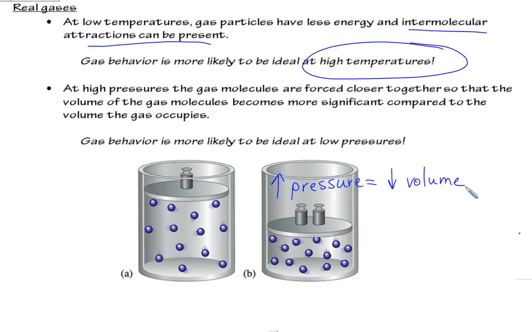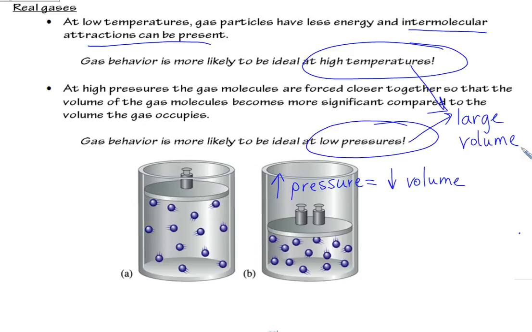So we're going to try to keep the pressure low. Under low pressures, the particles should be far away from each other. Notice kind of the key to gases behaving ideal. Large volumes. We could add that in there too.